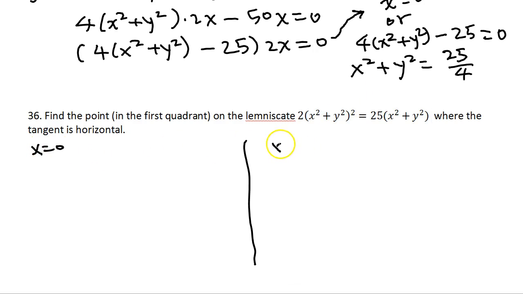Another is when x squared plus y squared is equal to 25 over 4. In both cases, what I'm looking for is both the x and y values, and I need this equation to be satisfied as well as these two separate cases. So this is case 1, that's case 2.